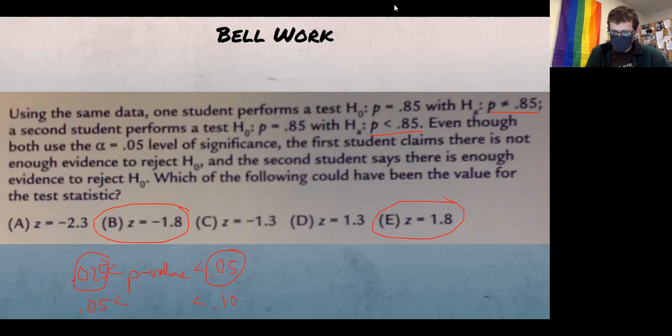Since our one-tail hypothesis was this one, the sample outcome from here would have been way down here somewhere. And that means that the area to the left of that z-test statistic would have been, I think, 0.035 or something.